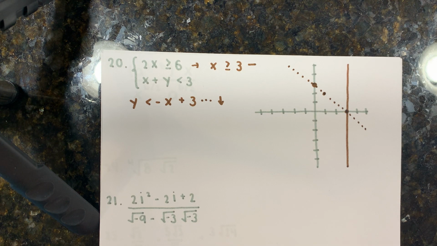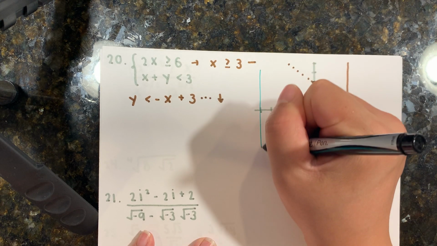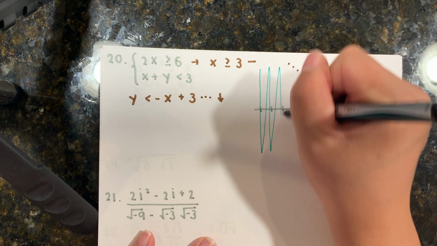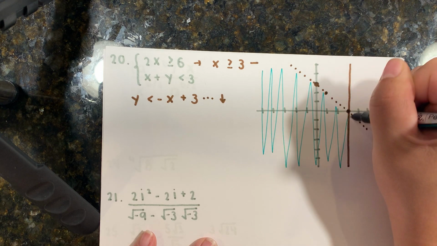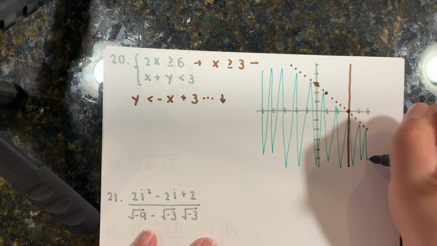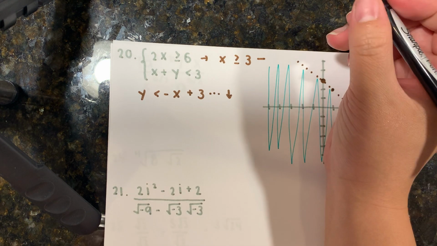So now comes the shading process. It says that we need to shade everything below the dotted line. So below would be everything down here. For the x, it's a little different because it tells us where we're going to shade.